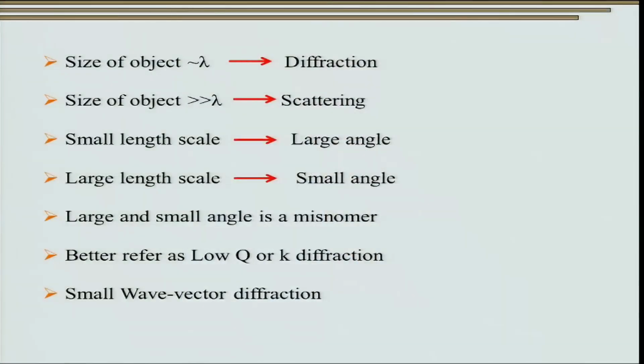However, I hope you remember that in the last class we had seen that depending on the energy, we can get neutrons of very different wavelengths, and therefore we can see a variety of objects. Theoretically, we can see a wide range of objects using neutron diffraction compared to X-ray diffraction.